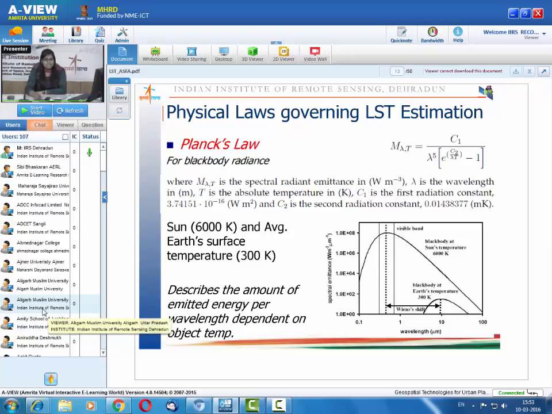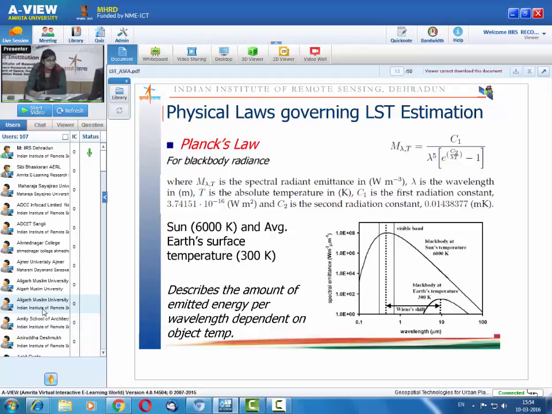Planck's law tells that the amount of emitted energy per wavelength is dependent upon the object temperature. So the sun has a very high temperature and emits at a shorter wavelength, as you can see in the graph, whereas the average Earth temperature is 300 Kelvin, towards the longer wavelength.